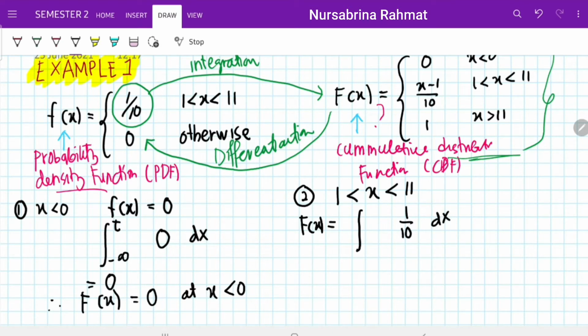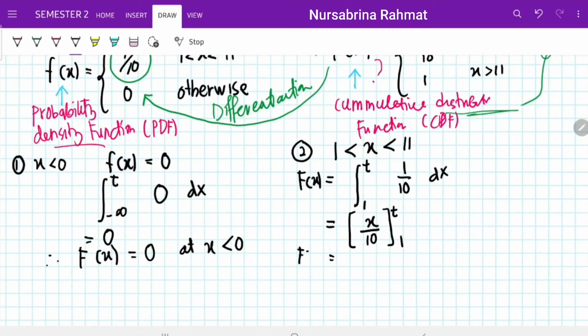The lower limit should be the lowest limit in the class interval, which is 1, and the upper limit should be t, because it is within the class interval 1 to 11. When we integrate 1 over 10, it becomes x over 10, evaluated between t and 1.